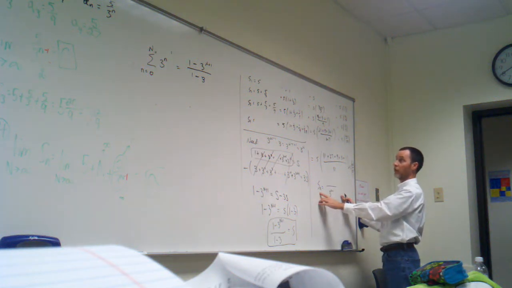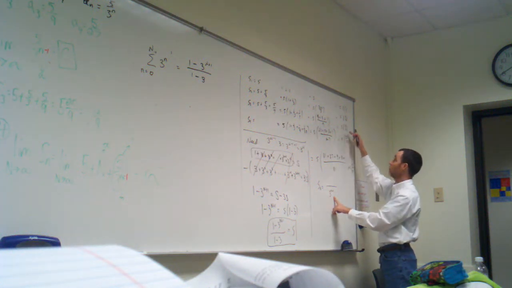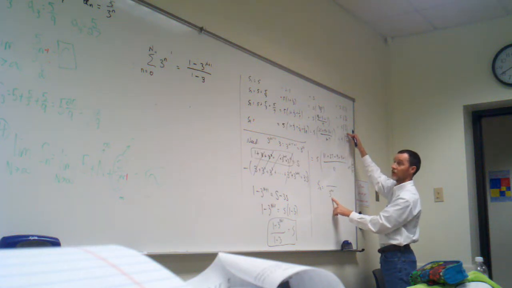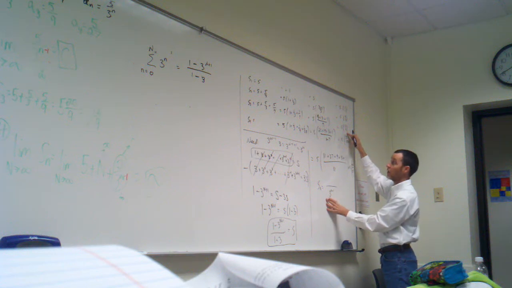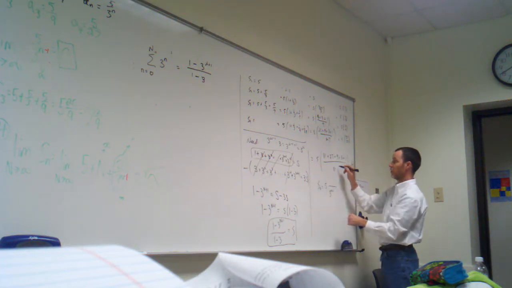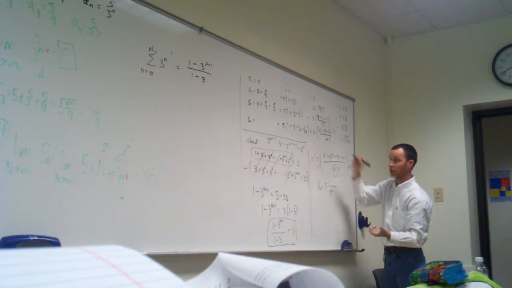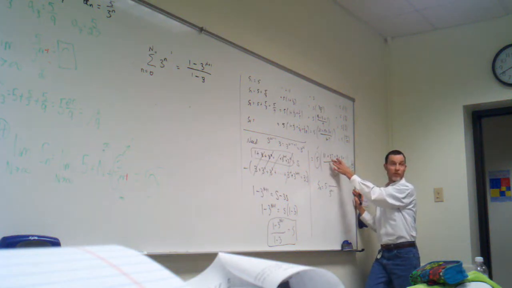S sub 4 is going to have as a denominator 27. S sub 3 is going to have a denominator of 9. So I know what the new denominator is. And I know there's a 5 out front. So that part's easy and that part's easy. And what I needed was the top part.